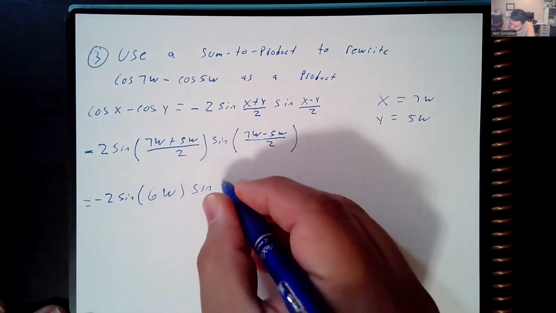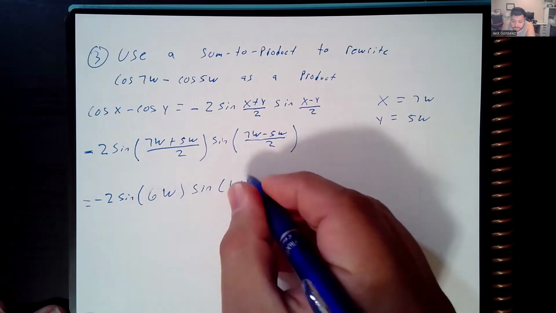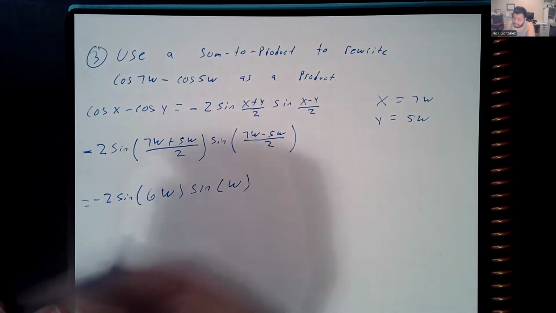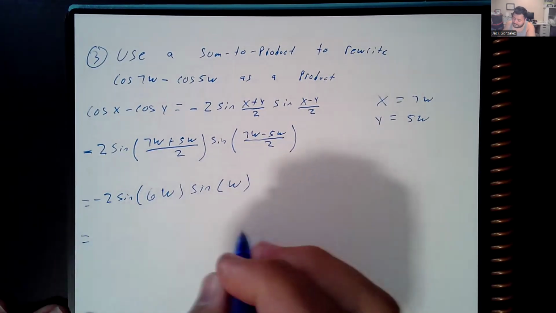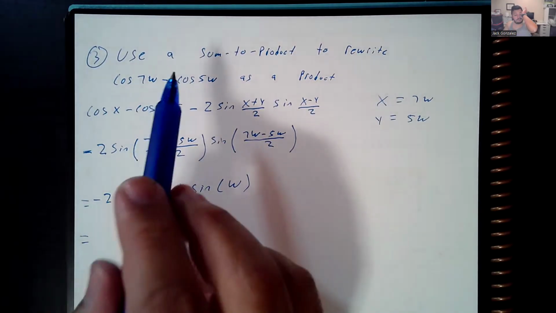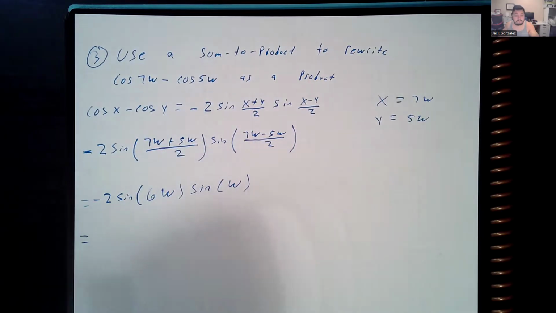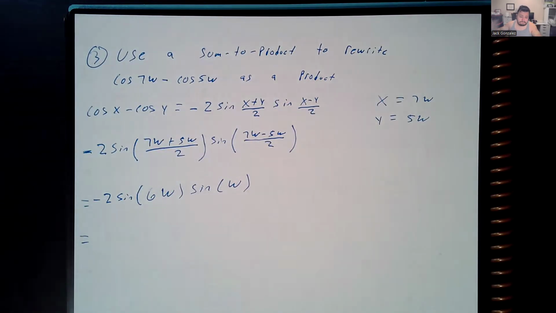Sine 7 minus 5 is 2 divided by 2 is 1, so a single w. And that's it. There's nothing else we can do. That's all they want. So we change this difference or sum into a product. Nothing really to do. Let's do one last one and then we'll call it for this section.